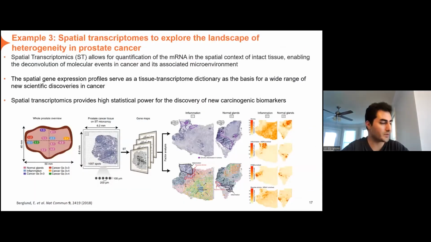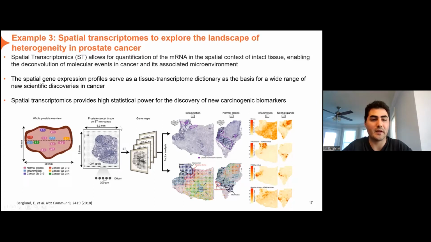The last example that I wanted to go through is the use of spatial transcriptomics in prostate cancer. One reason I wanted to show this example is the ability of spatial transcriptomics in understanding not only the gene expression within the tumor itself, but also addressing the long-standing challenge of how the tumor is interacting with its associated neighboring environment.